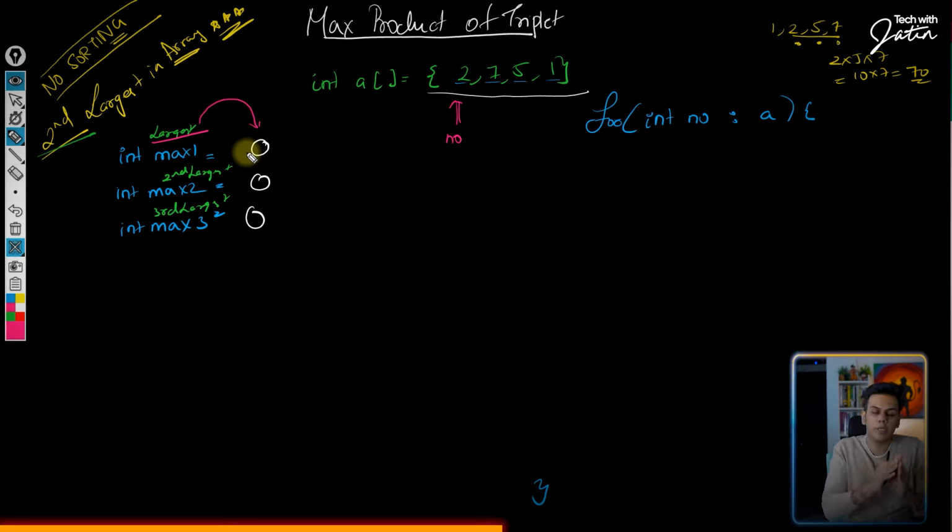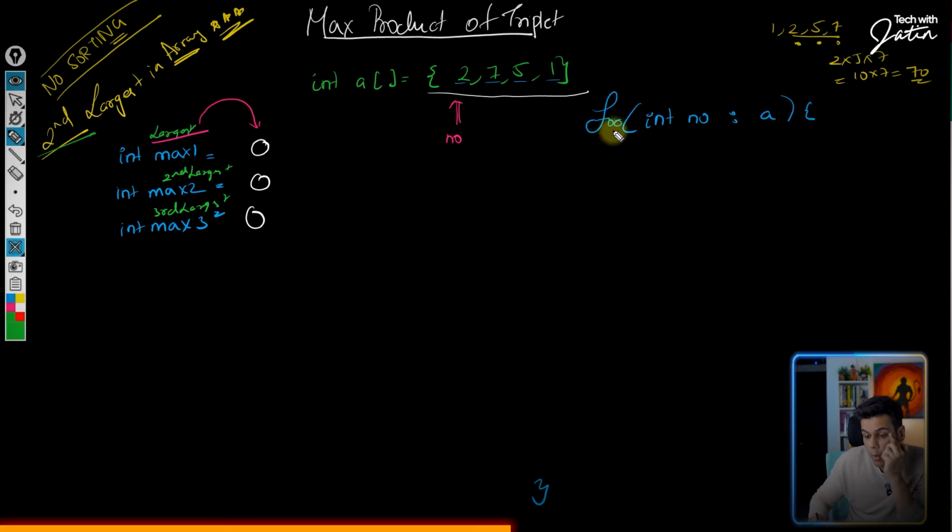I want to check in this array if there is a number which is greater than my current maximum, current largest number. If I find a number which is greater than my max1, I'm going to update it. As simple as that.